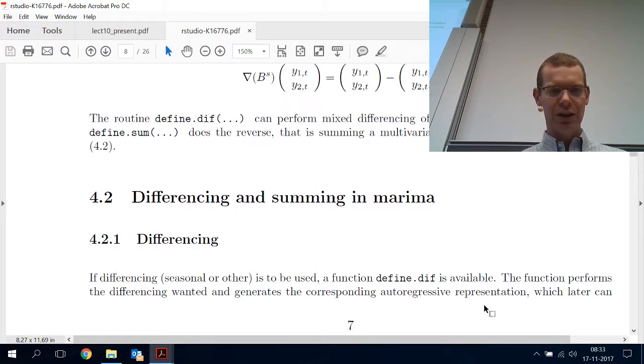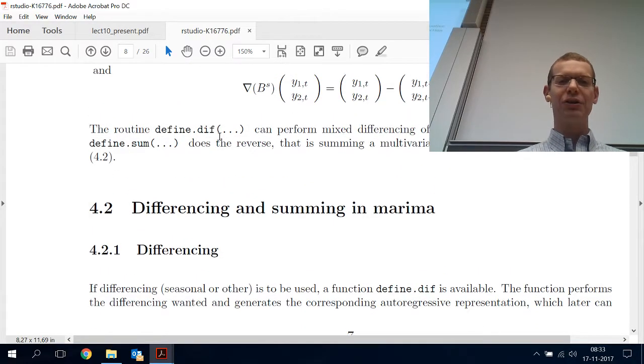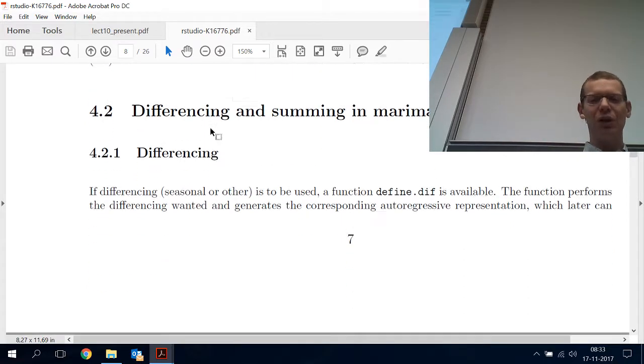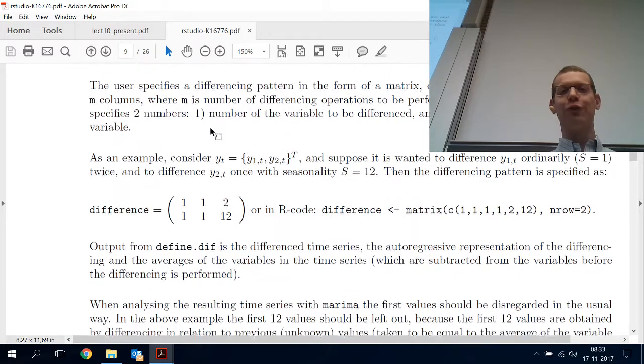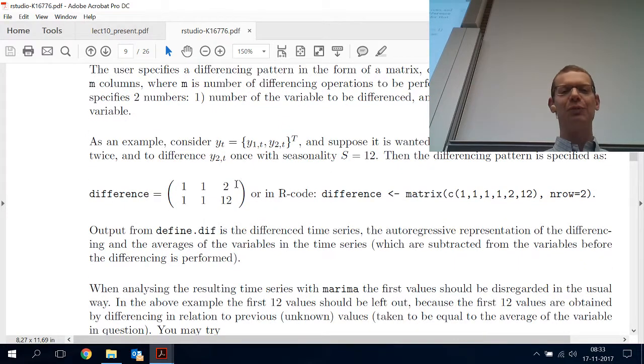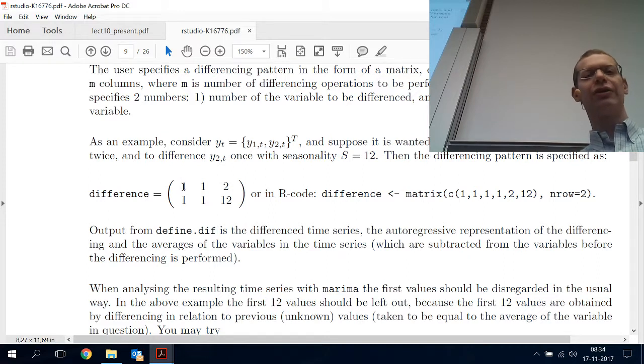Actually, it's much more flexible than that. It has a function called define.diff, which I'll show in a moment. At first you just specify this kind of argument to it. What does that mean? Each column is one delta operator. There is a 1, saying you take the first variable and difference with lag 1.